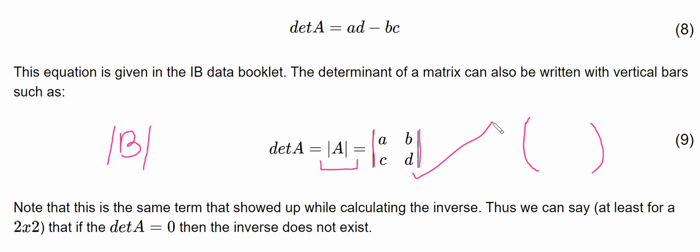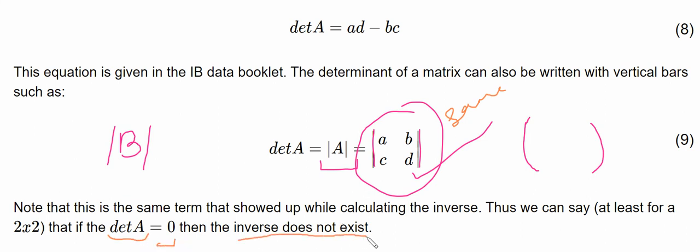If I put this equation in the calculator and I get the same A, B, C, D back, that means the determinant of A will be 0 and hence the inverse does not exist. I'm talking about just the 2 by 2 matrix, which is shown over here.